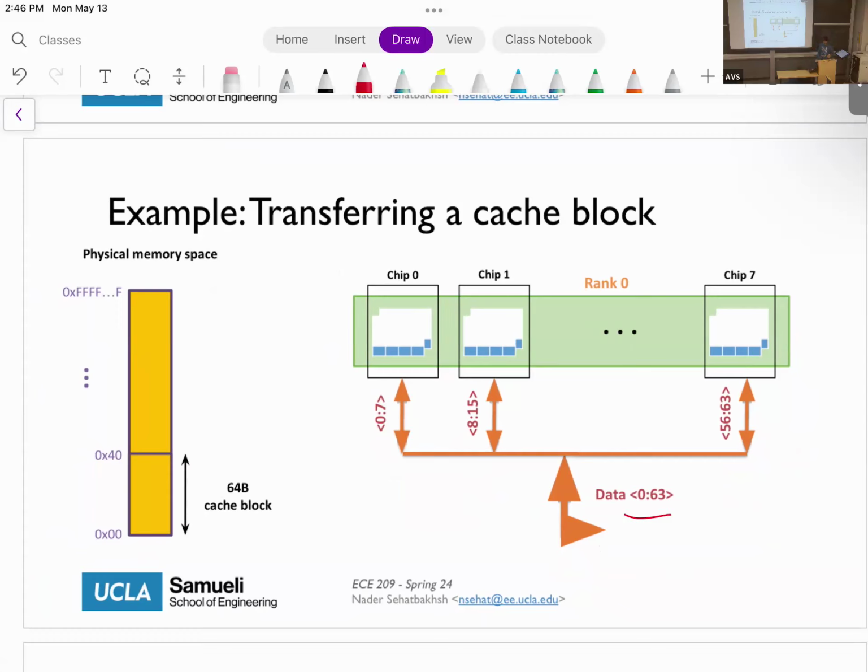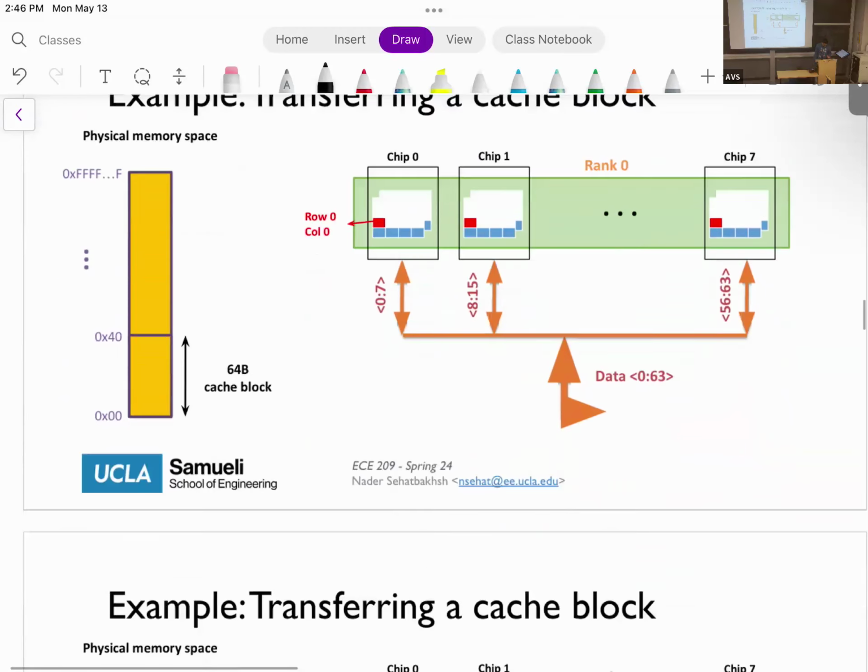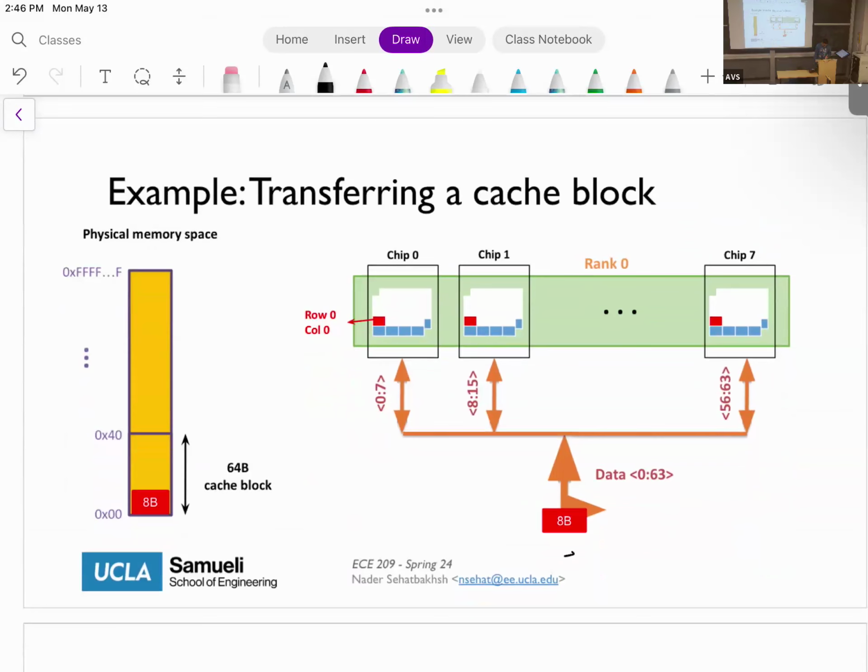So chip 0 all the way to chip 7 provides bits from 0 to 63. Within each chip, they select the row that they want and then bring out the block within that row. For example, they would do row 0, column 0 for all of the chips, and then bring the data out. This would be 8 bytes of data, and that will go inside the first part of the block.